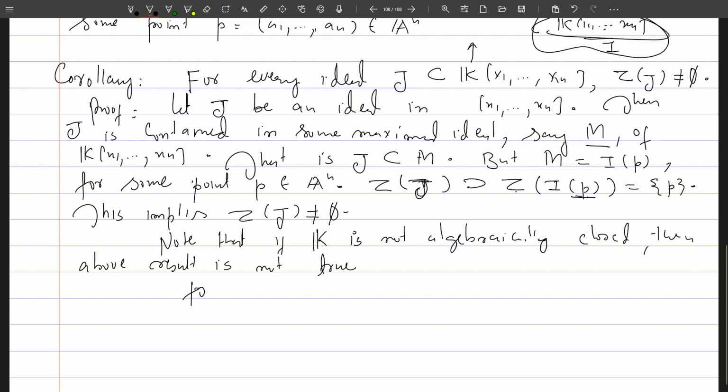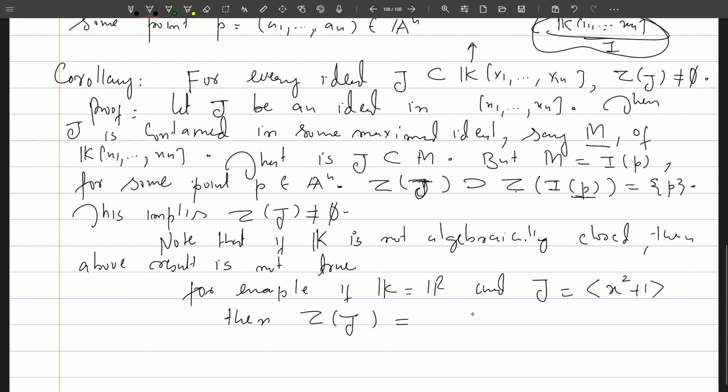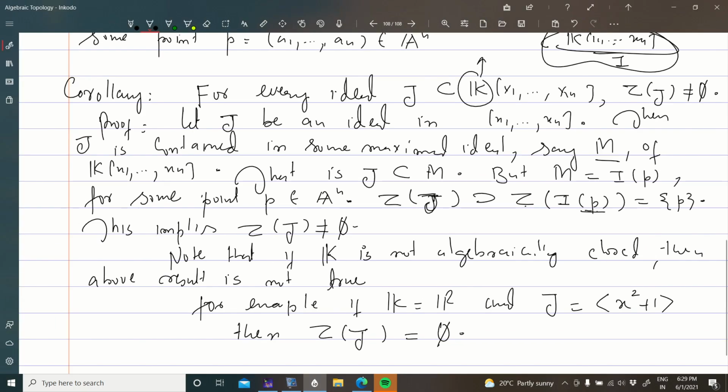For example, if k is equal to R and we take J to be the ideal generated by the polynomial x squared plus 1, then the zero set of J is empty. So one should keep in mind that K has to be algebraically closed, otherwise this would not make any sense.